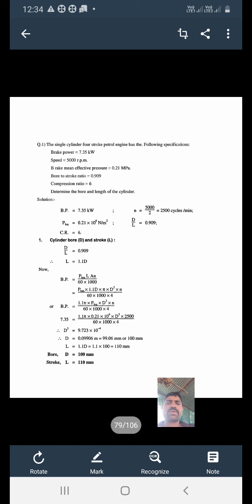We know the brake power is equal to PBM into L into A into N divided by 60 into 1000. What is PBM? We want to put this value in that equation. PBM into 1.1 D into pi by 4 into D square, the area, into N, divided by 60 into 1000.